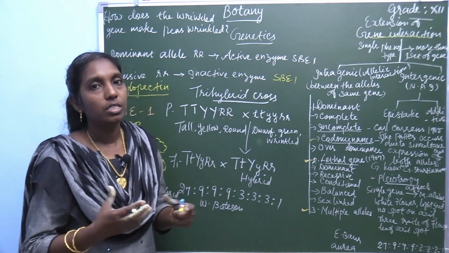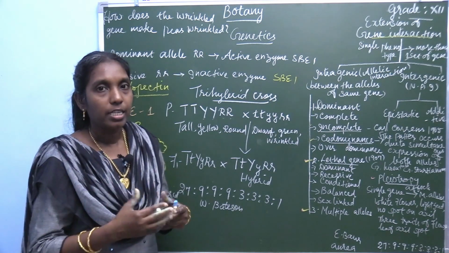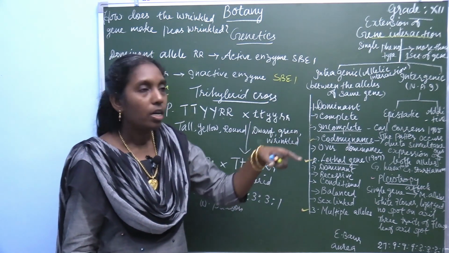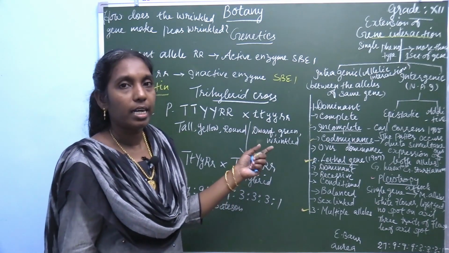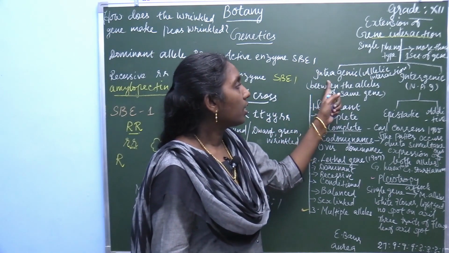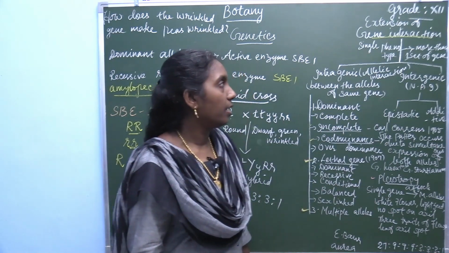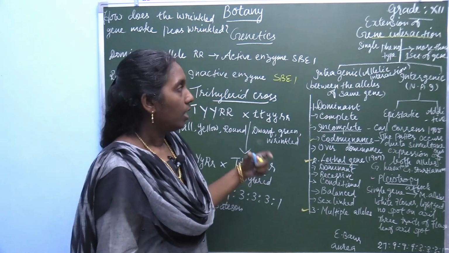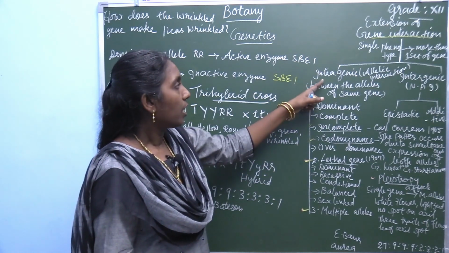Sometimes these genes are not expressed together; either they are expressed together intragenic or intergenic. So, it is broadly classified into intragenic interactions and intergenic interactions, where more than one set of genes is expressed.